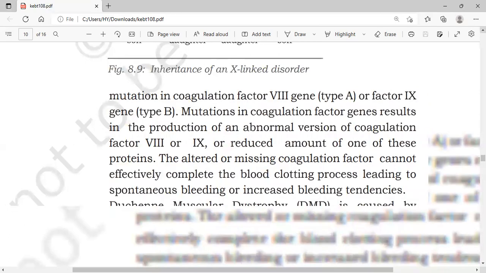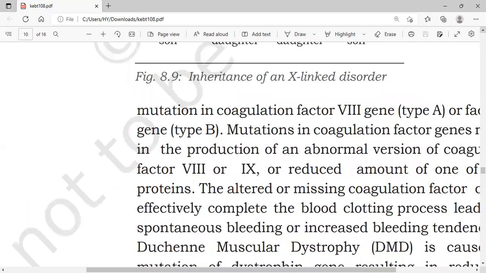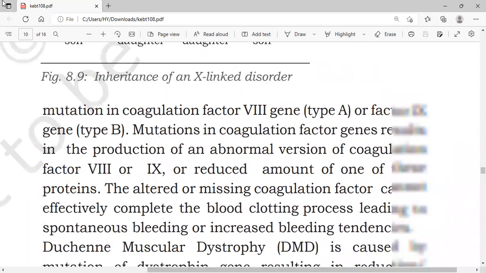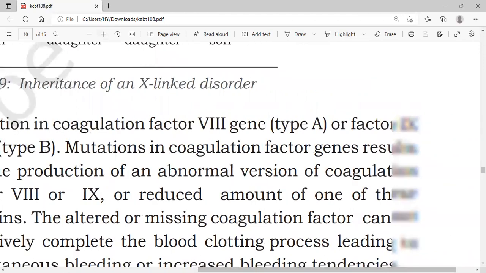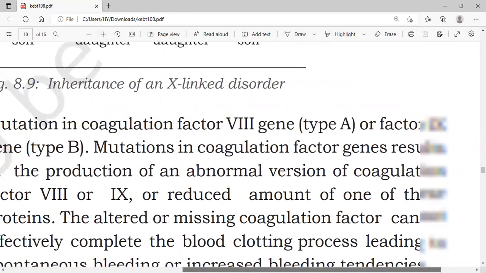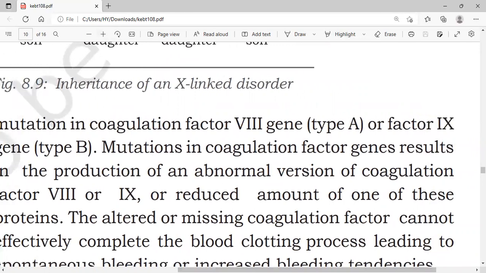Mutation in the coagulation factor 8 gene causes type A, or in the factor 9 gene causes type B. So hemophilia type A has a mutation in factor 8, and hemophilia type B has a mutation in factor 9. A mutation in the coagulation factor genes results in the production of an abnormal version of coagulation factors 8 and 9, or a reduced amount of one of these proteins.